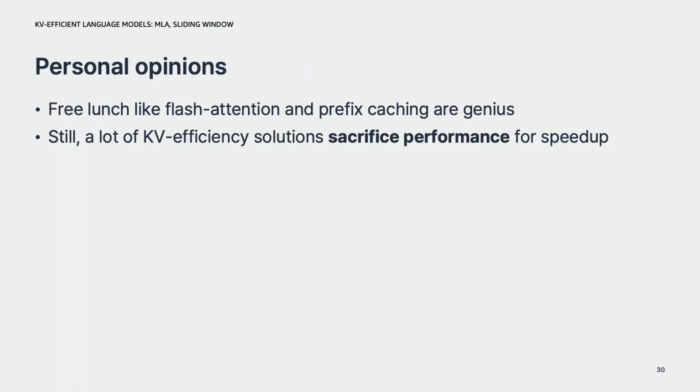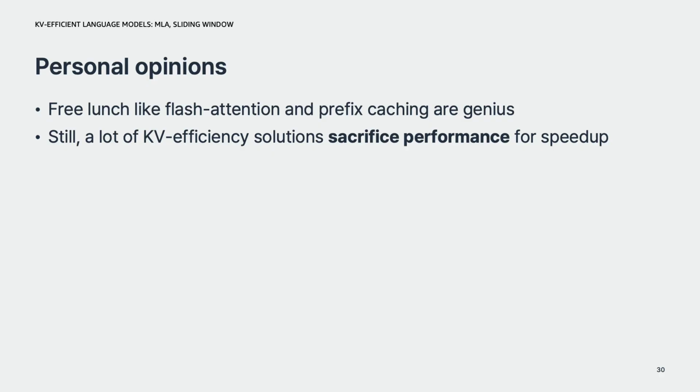So, to summarize, free lunch solutions like flash attention and prefix caching are genius. Like, no one hates these free lunches, and free lunches will always have their power. However, a lot of KV efficiency solutions sacrifice performance for speedup.